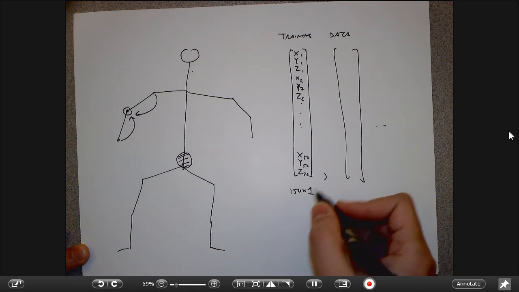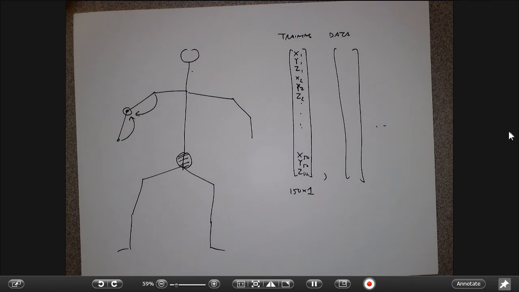And so the idea is that now that I have a bunch of these training data samples, I could learn the underlying relationships between the markers, which is probably much lower than 150 dimensional, right? There's only so many ways that my body can move. I can't have my elbow below my hip joint very naturally, right? That's an uncommon motion.